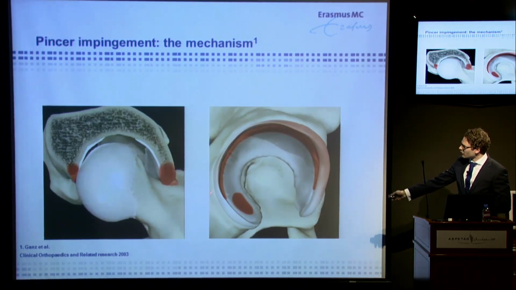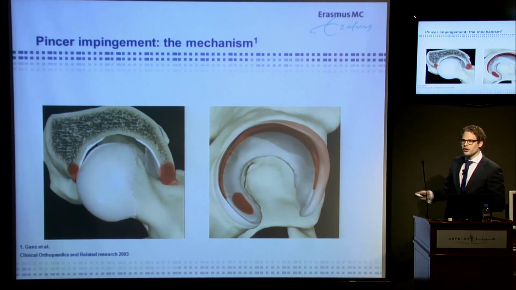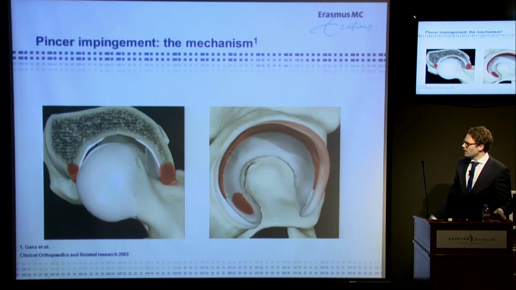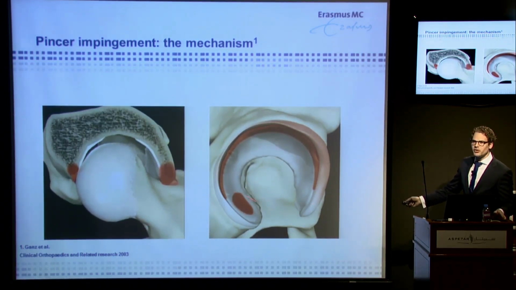And because of the leverage effect here, the femoral head might slightly subluxate and also cause damage in the posterior part of the acetabulum. And the proposed mechanism states that cartilage damage might occur within the whole hip joint.